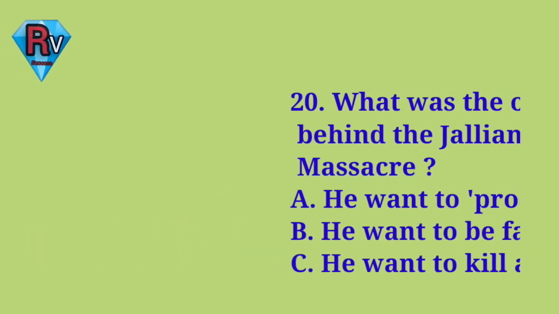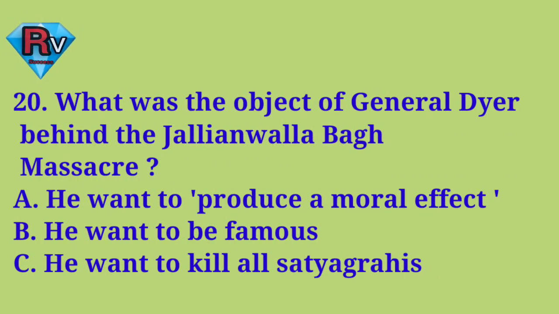Next, what was the object of General Dyer behind the infamous Jallianwala Bagh massacre? A. He wanted to produce a moral effect. B. He wanted to be famous. C. He wanted to kill all Satyagrahis. The answer is he wanted to produce a moral effect.